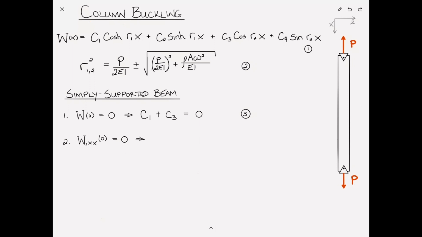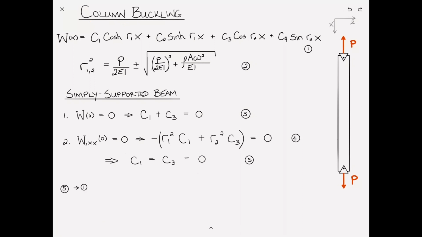And this yields, differentiating equation 1 twice, minus quantity r1 squared C1 plus r2 squared C3, and that's equal to 0. It should be fairly clear from these two equations that C1 is equal to C3, and both are equal to 0. Let's number these 4 and 5.